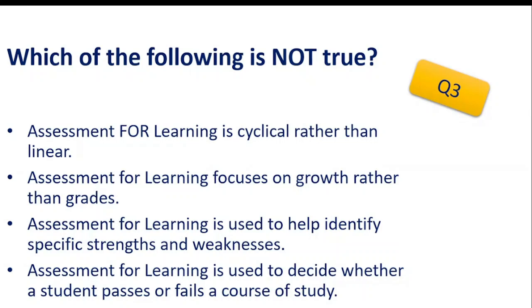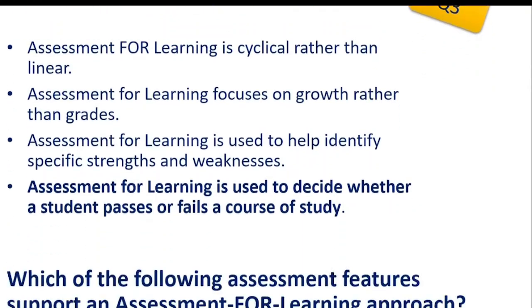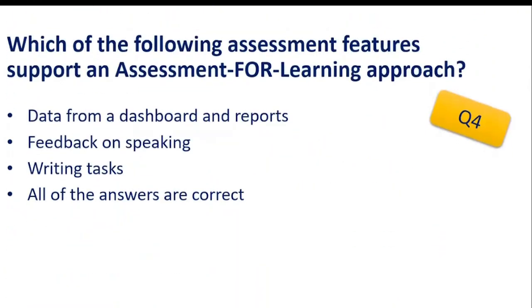Or is it D, assessment for learning is used to decide whether a student passes or fails a course of study? Which of the following is not true? 5 seconds. 4, 3, 2, 1. And the correct answer is D, which is not true. Assessment for learning is used to decide whether a student passes or fails a course of study. Not true. All right, moving on to question 4.